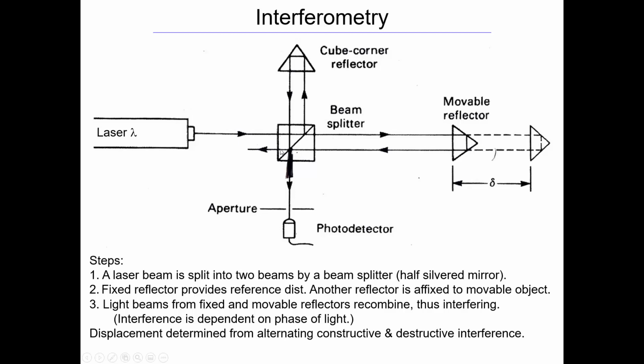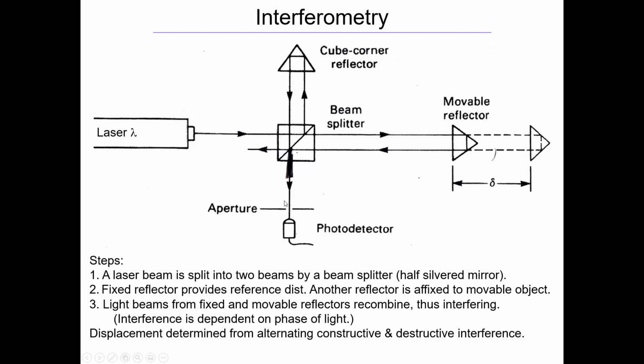So this half silvered mirror has some of that pass through, and some of this path it deflects in that direction, but they do combine and come down here to this photodetector. So that's three. The light beams from fixed and movable reflectors recombine and interfere.